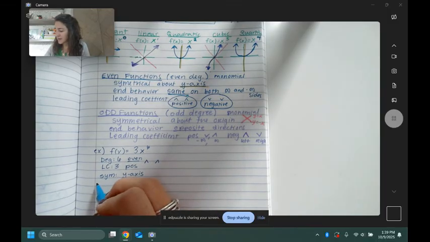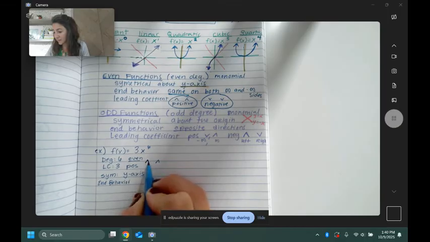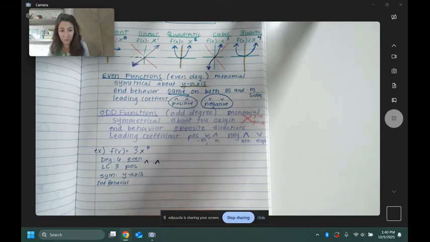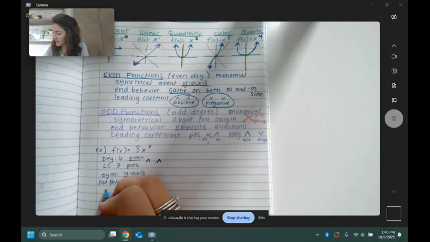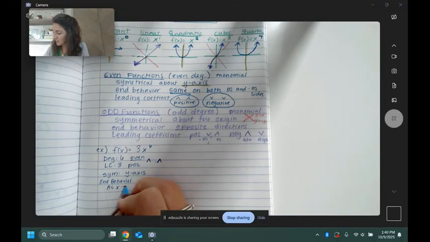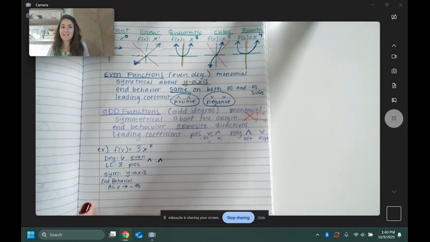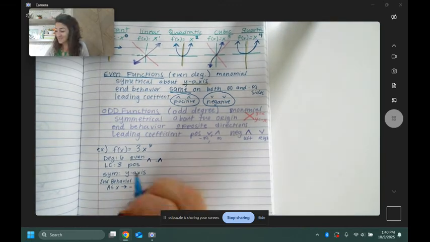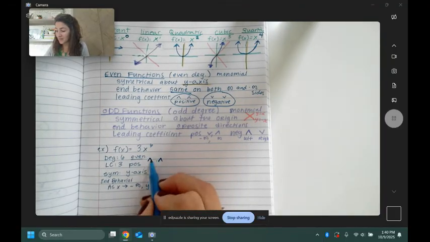But for your end behavior, this is something that we know. There it is. This is how we'd write this. As x approaches negative infinity, that means as the graph goes to the left, y approaches positive infinity.